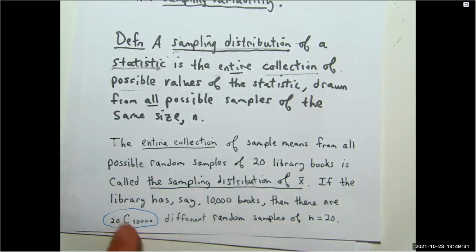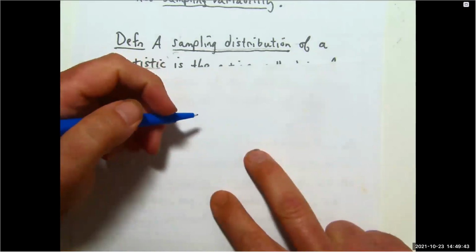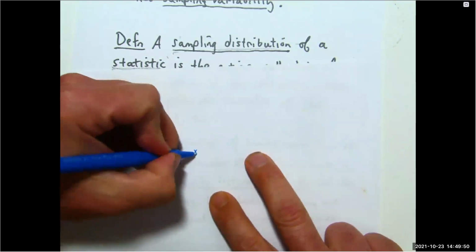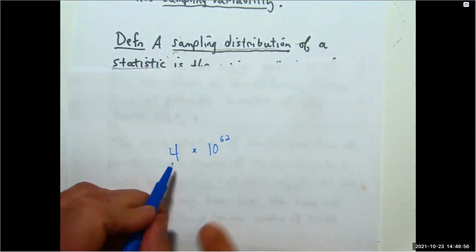If you go over to the calculator and try to compute what this is, the calculator will only give you the number in scientific notation. So it's something like 4 times 10 to the 60th power or 62nd power, something like that.